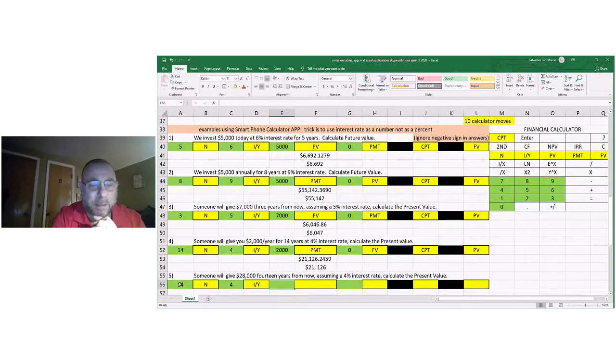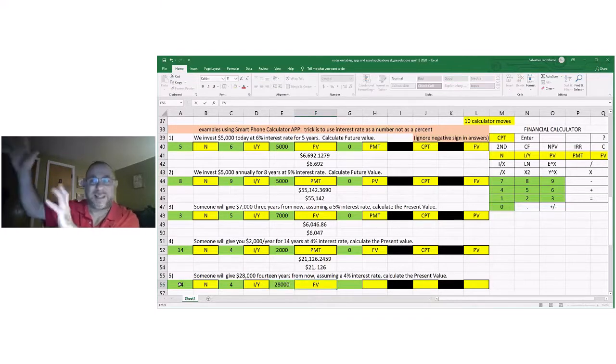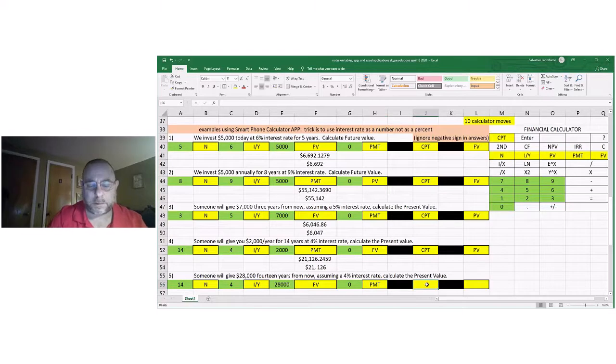Now this is a one-time event, so we're putting in 28,000 as the future value. Someone's going to give us 28,000 sometime in the future. There are no annual payments, so 0 for payment. And then compute your present value.